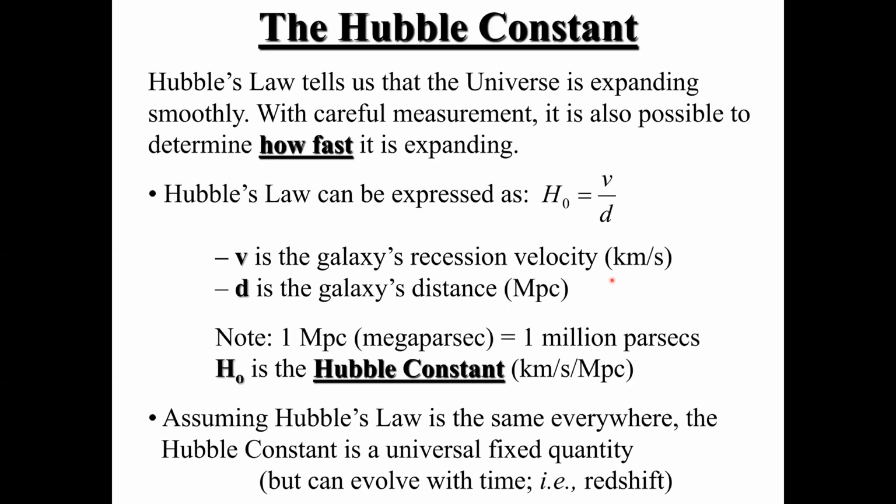And remember, these units are very important when you use Hubble's law, right? V, the velocity, has to be in kilometers per second, and the distance to the galaxy in megaparsecs. Once you plug these values V and D here, the value of H naught will come out, and H naught is the Hubble constant.